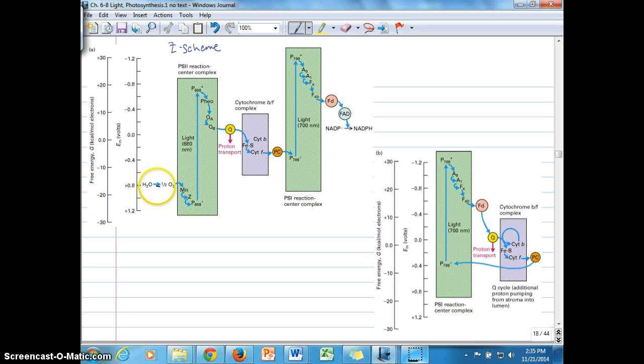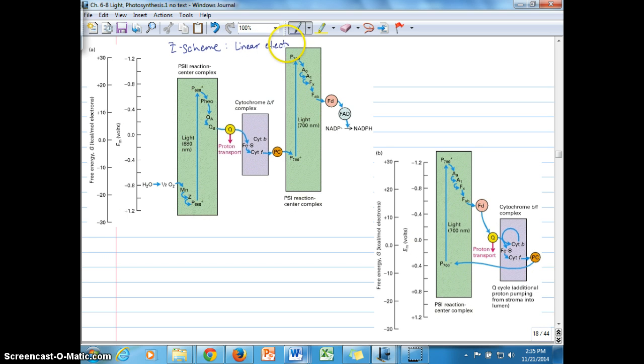And so you can see water is a relatively low energy molecule, and through a series of redox steps, the photooxidation step where electrons are added to P680, and then that P680 electron gets excited, it reaches a higher energy level, and you can see all the steps here with a little bit of loss of energy along each step, and a second photooxidation step as a result of the excited electron in P700, ultimately to transfer those electrons to NADPH.